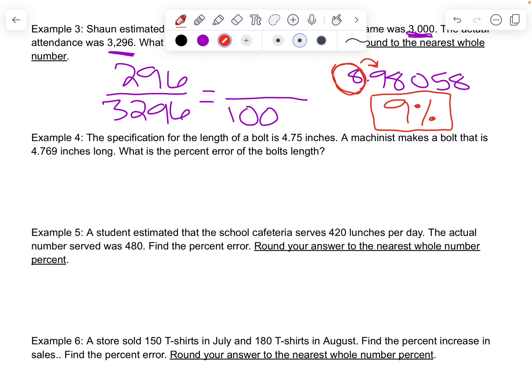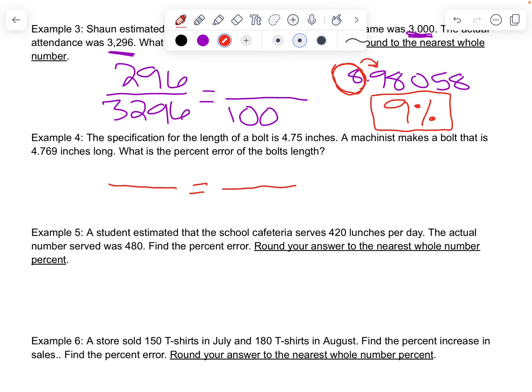Example 4 talks about the specification of the length for a bolt is 4.75. So that's how big or how long the bolt should be. But a machinist, so that's someone who makes bolts, makes a bolt that is 4.769 inches long. What is the percent error? So on top is the change.